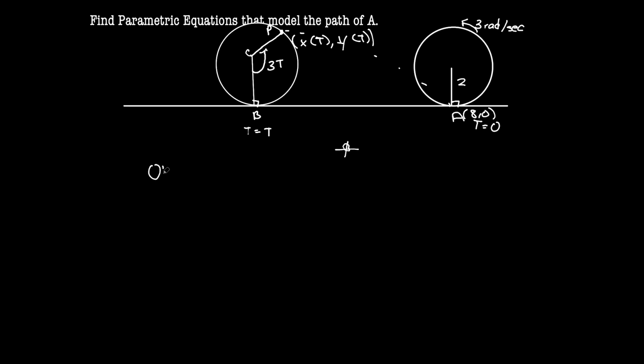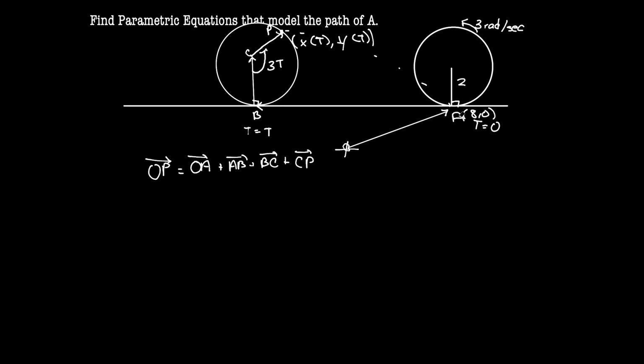We know that OP, so origin to our point of interest, is equal to OA, which will be this vector. We're taking a vector tree approach, plus AB, that vector, plus BC, essentially breaking it down into components that are easier to solve, plus CP.